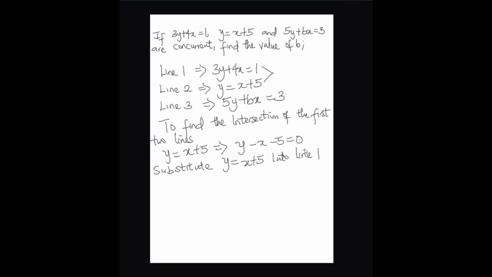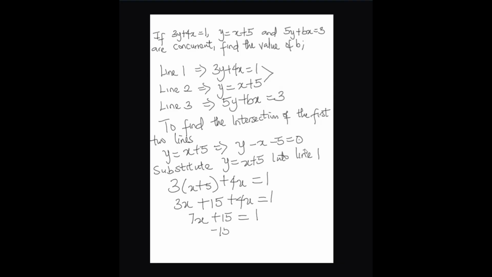So line 1 becomes 3(x + 5) + 4x = 1. So this becomes 3x + 15 + 4x = 1. So this is just 7x + 15 = 1. So what do I do here now? I subtract 15 from both sides.